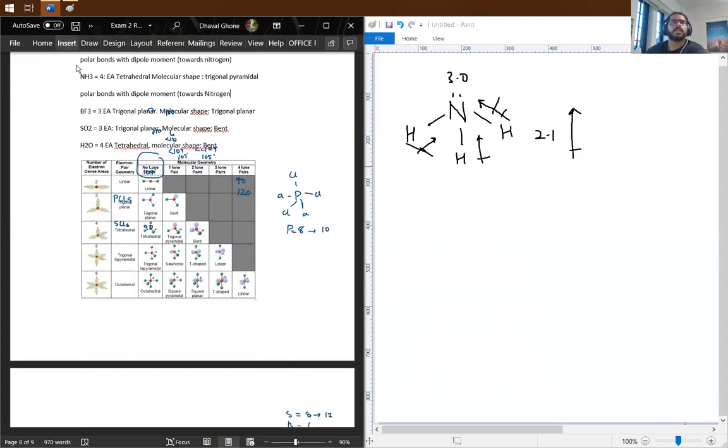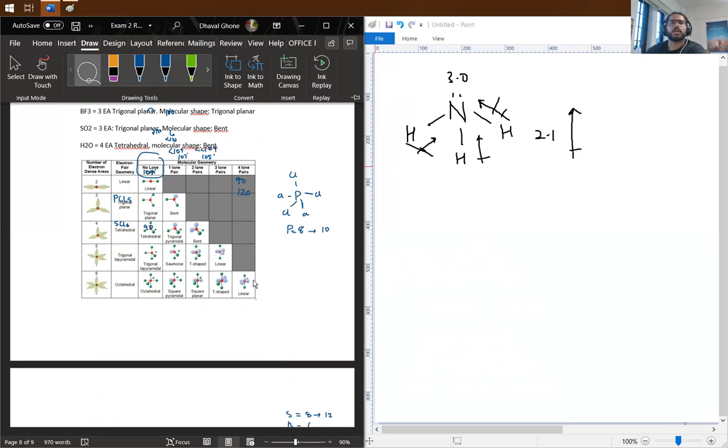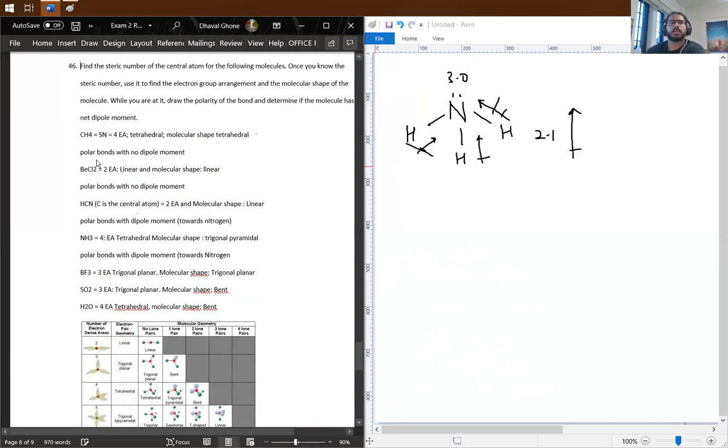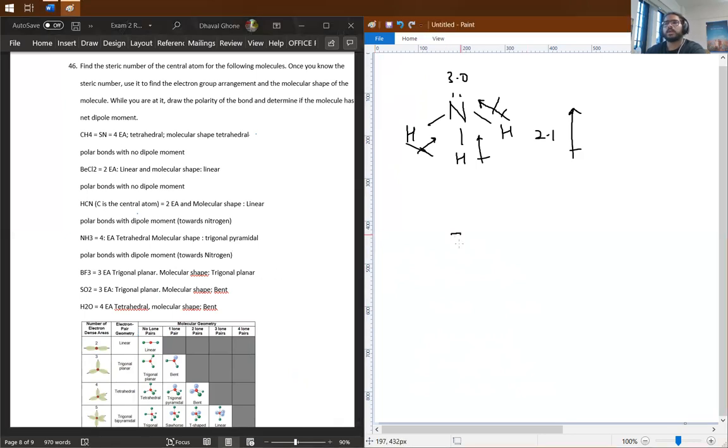While I'm inserting new lines, my drawing got completely destroyed. Okay. We said BF3 is trigonal planar.